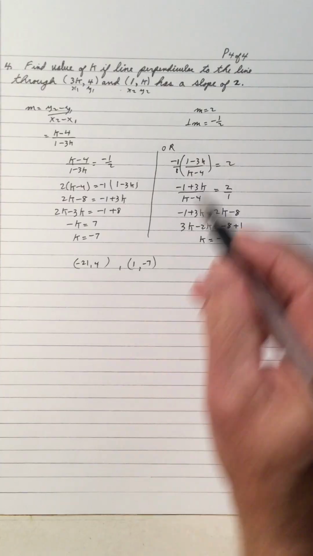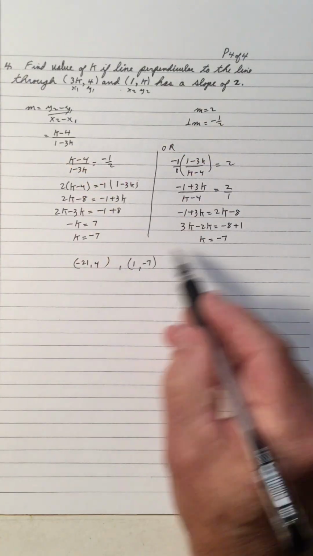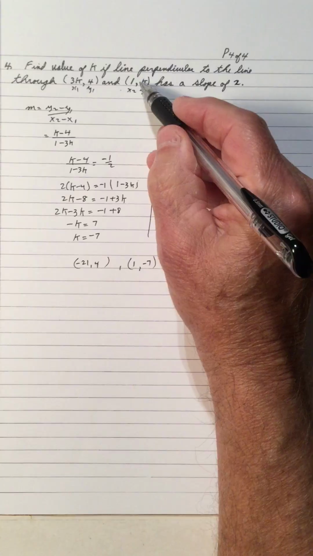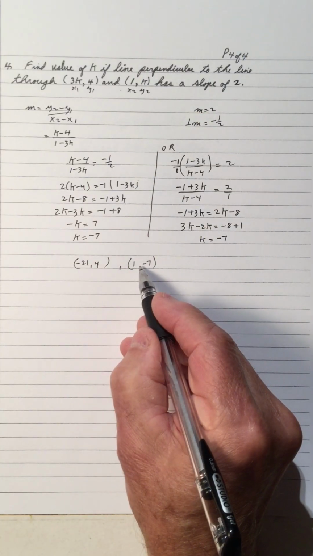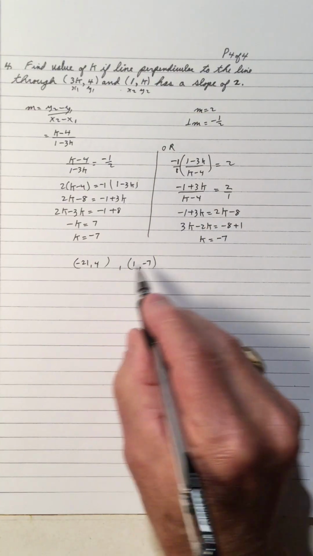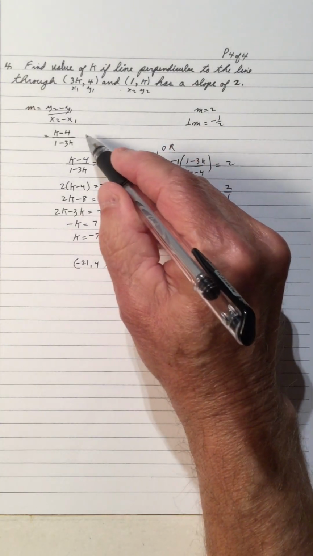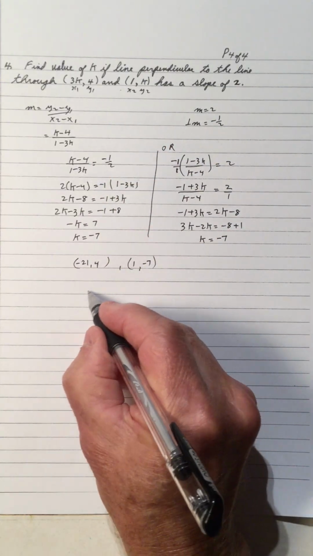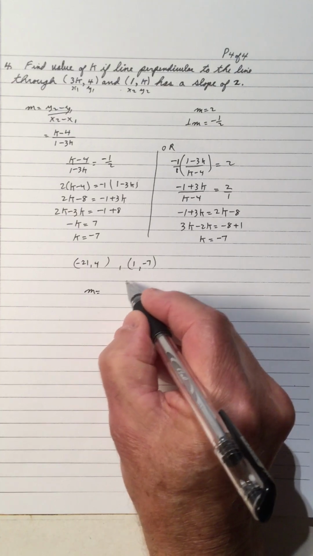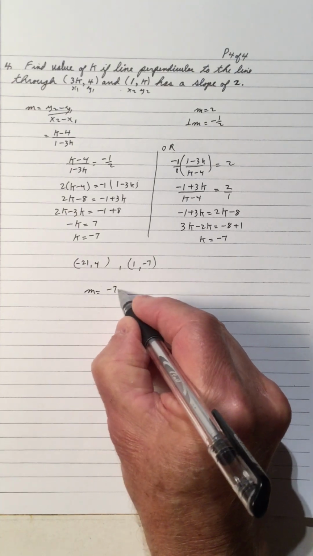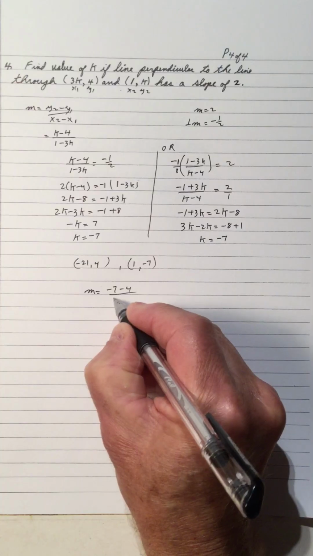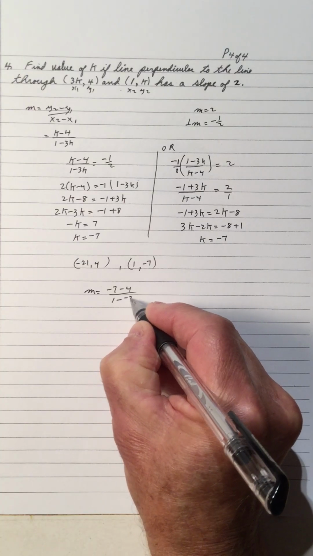So putting negative 7 in for k gives you these ordered pairs, and I should get a slope. Since this slope is 2, this should work out to be negative 1/2. Let's see, the slope is negative 7 minus 4 over 1 minus negative 21.